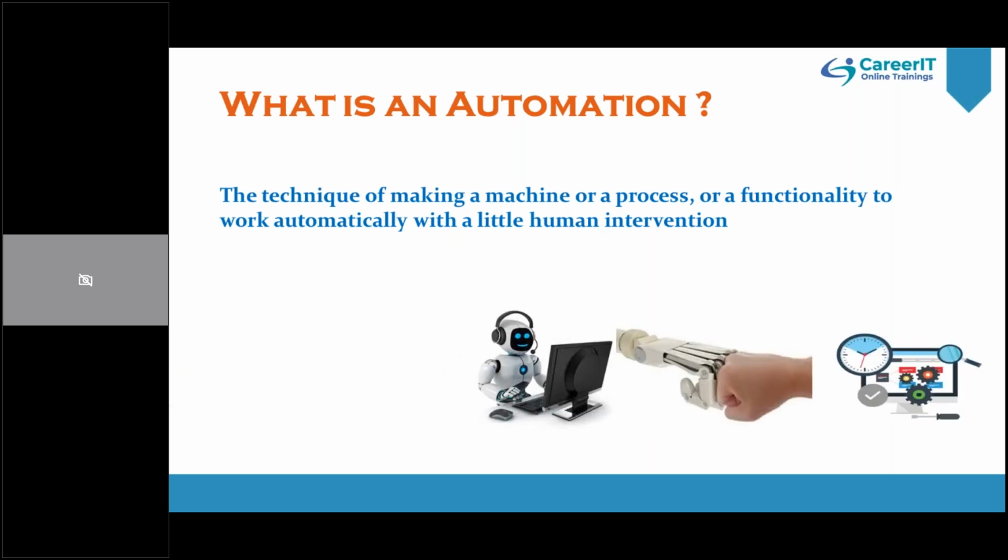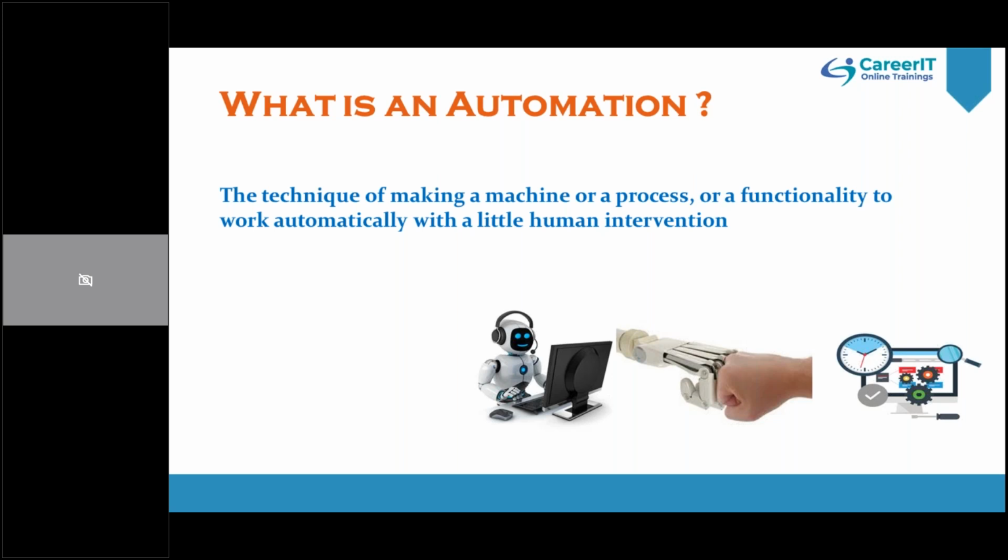Once we write a technique, or a script, which we also call a script, it will make a machine or a process or a functionality of an application work on its own, automatically, with a little intervention.